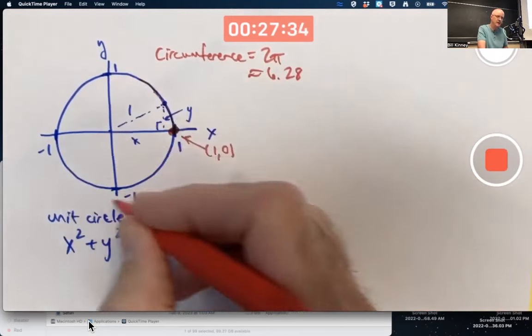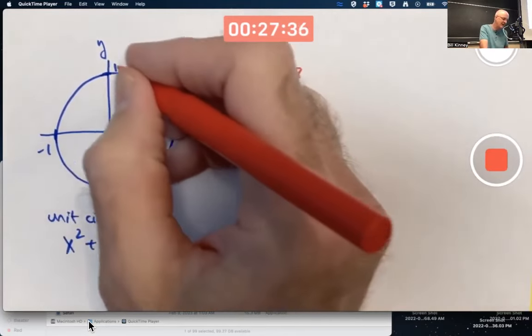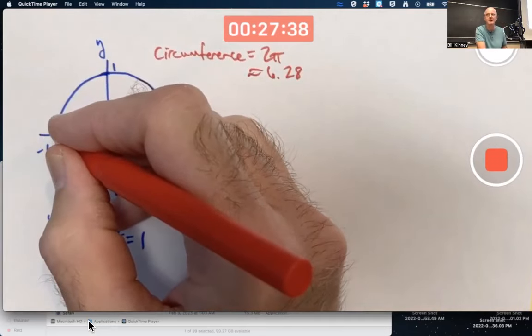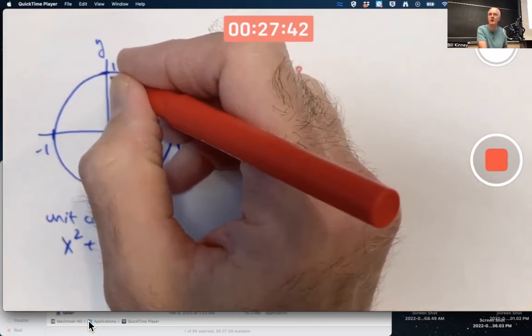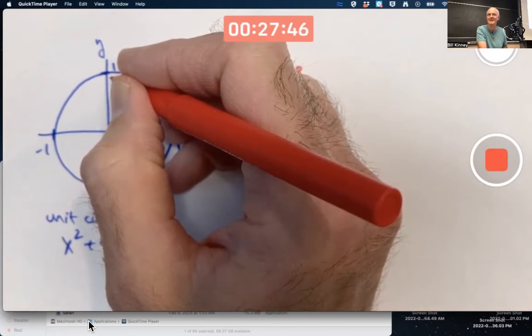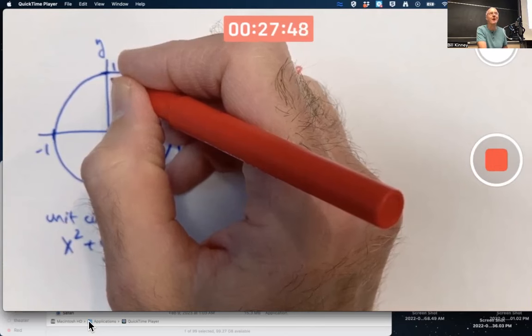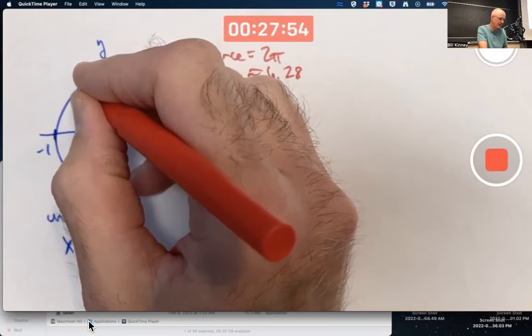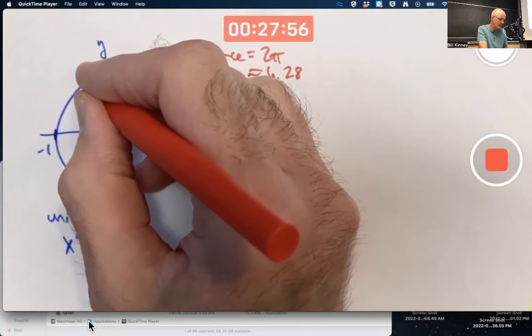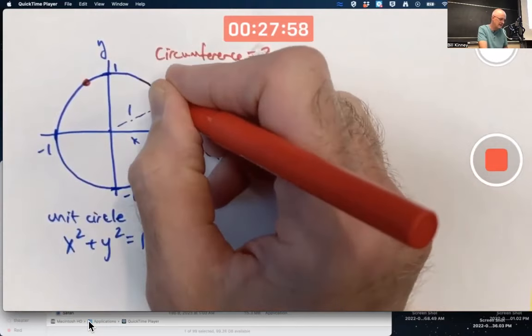Now, if it's 2 pi units around the unit circle, that means it's pi units half the way around the unit circle, about 3.14, and pi over 2 units 1/4 of the way around the circle, about 1.57. 2 would bring you into the second quadrant over here. Maybe right around here or so would be 2 units of distance.